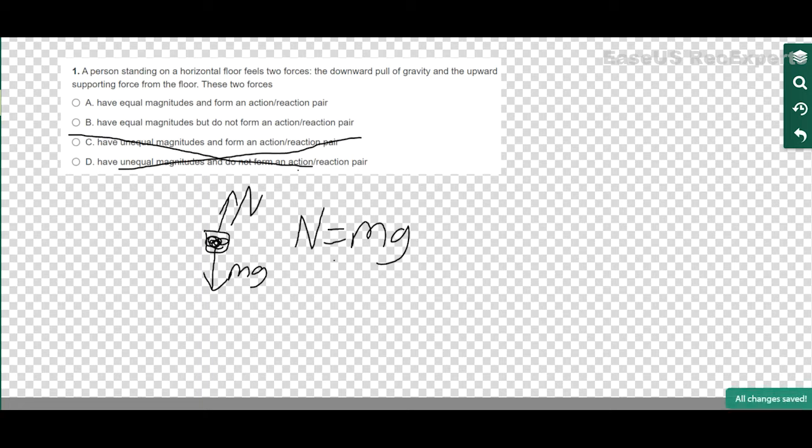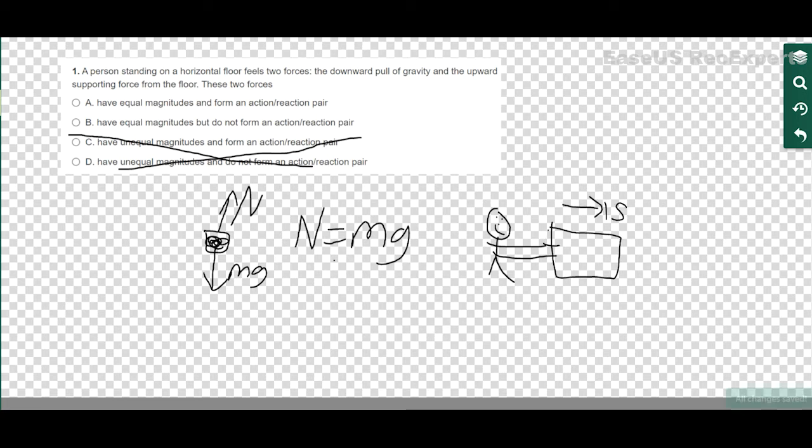Now we have to determine if this is an action-reaction pair or not. What an action-reaction pair is, is based off of Newton's third law. Every action has an equal and opposite reaction. So let's say you've got a person pushing a box with a force of 15 newtons.